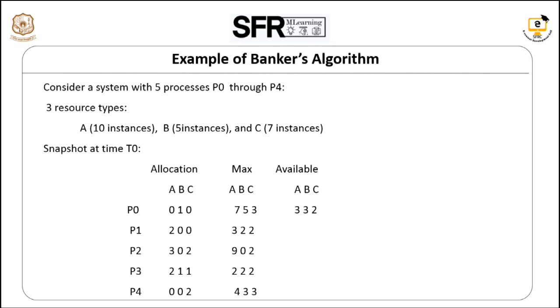Example of Banker's algorithm. Let us consider 5 processes P0, P1, P2, P3, P4 and 3 resources A, B, C. The resource type A has 10 instances, resource B has 5 instances, resource C has 7 instances. This is our example problem.